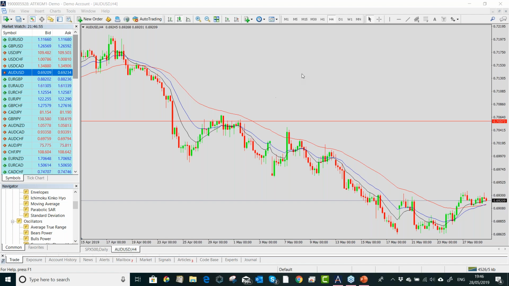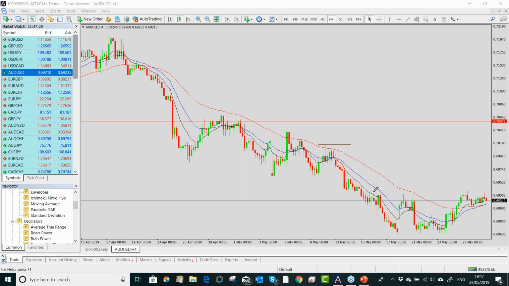So what we don't want to be doing is entering a trade, letting it run forever and ever, and then letting it come back against us forever and ever. What we want to be doing is either taking profit at certain levels, so we might have certain price points or certain horizontal levels that we know in advance that we want to take profit at, and that will lock in profits.